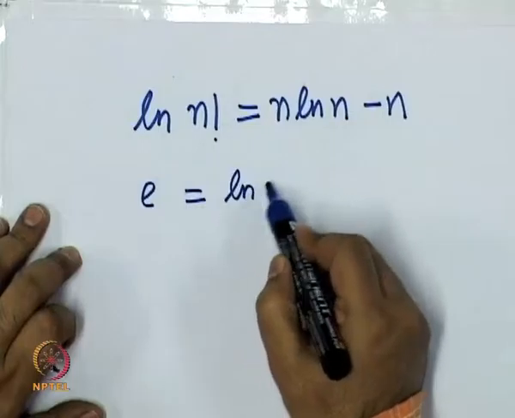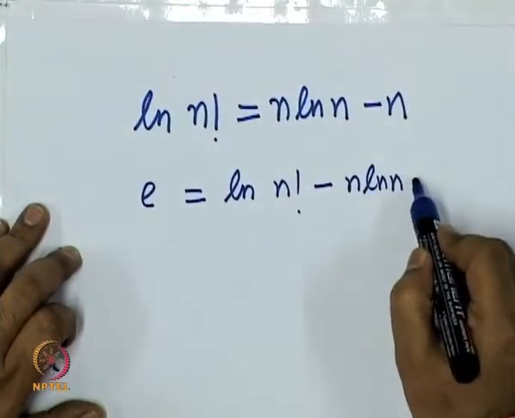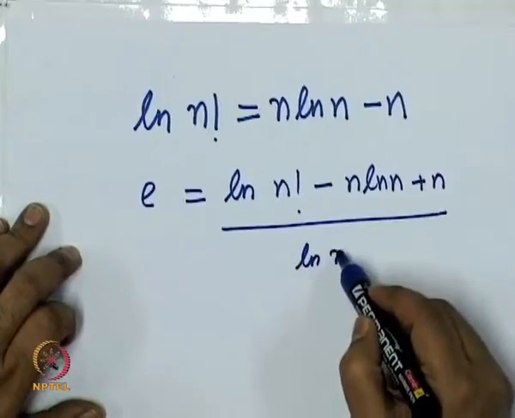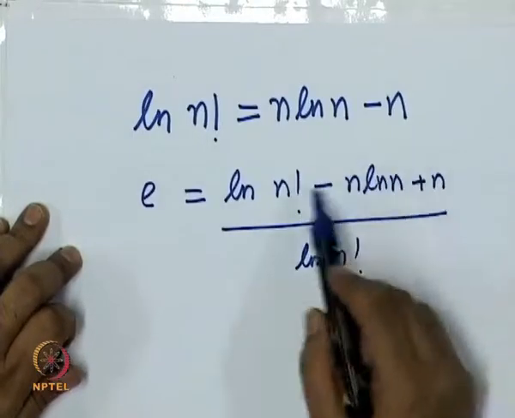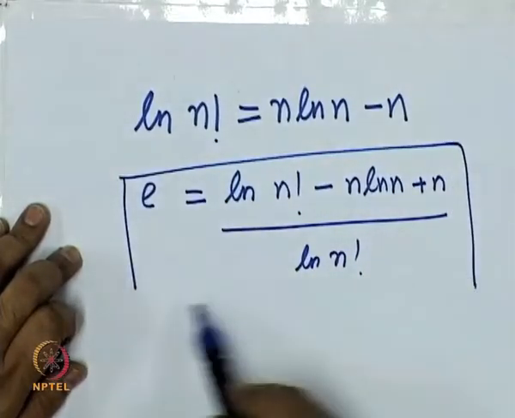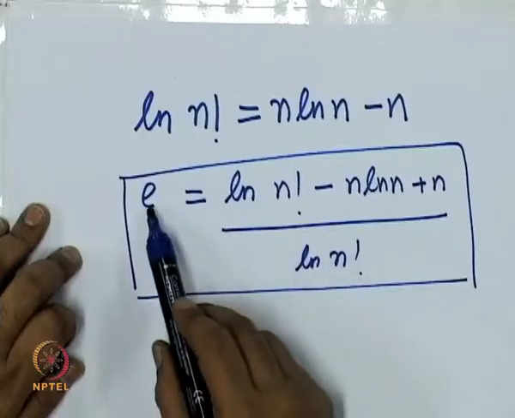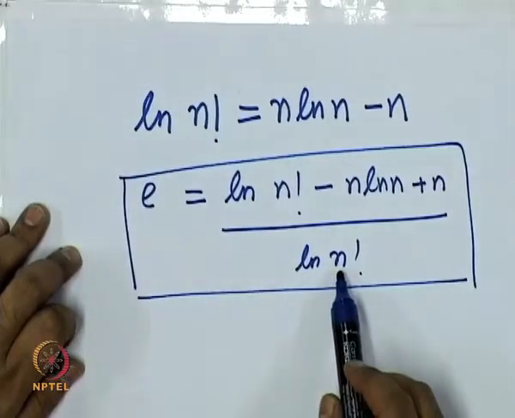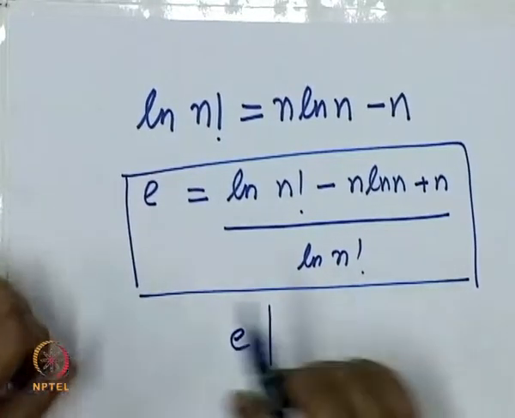I take log n factorial minus (n log n minus n), divided by log n factorial, because log n factorial is the actual value and this is the approximation. So when I make this approximation, relatively how much error am I making is what my error is going to be. I want to plot this error E as a function of n. This is what I want to do.